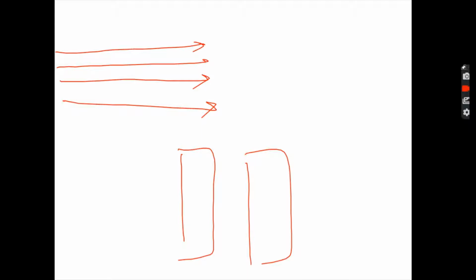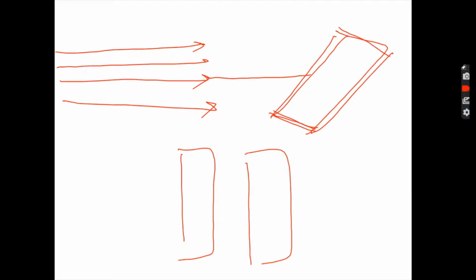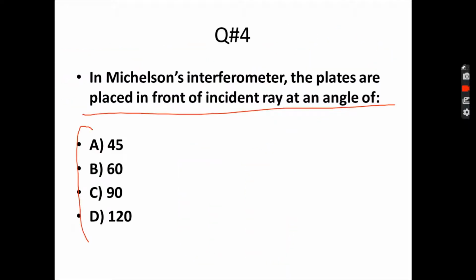Mirrors are always placed in front of the incoming rays at an angle of 45. So the right option is 45. In Michelson interferometer, plates are placed in front of incident ray at an angle of 45.